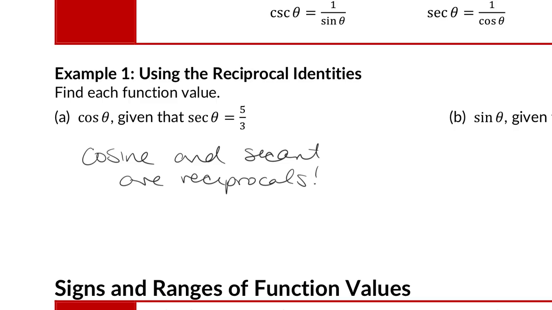And since they're reciprocals, that means that all we have to do to find cosine of theta is flip over the ratio that stands for secant of theta. So we didn't have to go through the whole pizzazz of figuring out x, y, and r.